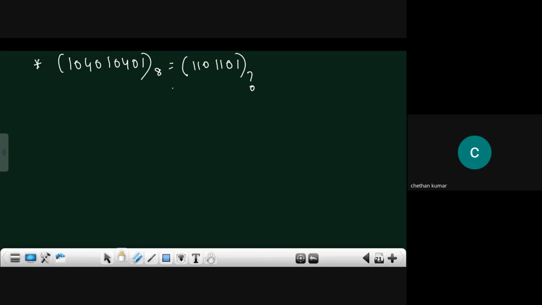If you see the powers of this, it is 8 power 0, 8 power 1, 8 power 2, 8 power 3, 8 power 4, 8 power 5, 8 power 6, 8 power 7, and 8 power 8. A very big number in terms of octal. He's saying that this number is equivalent to this number. Then what is the base in that case?